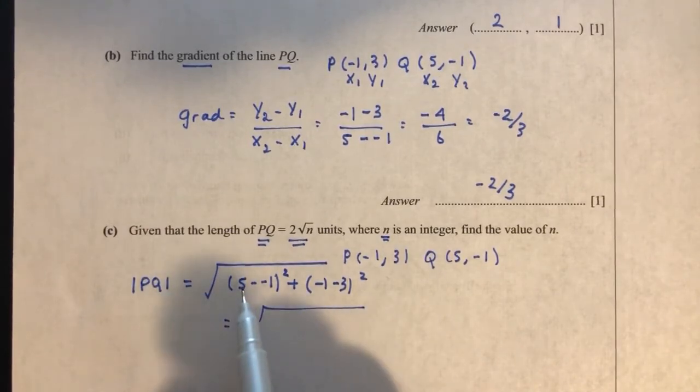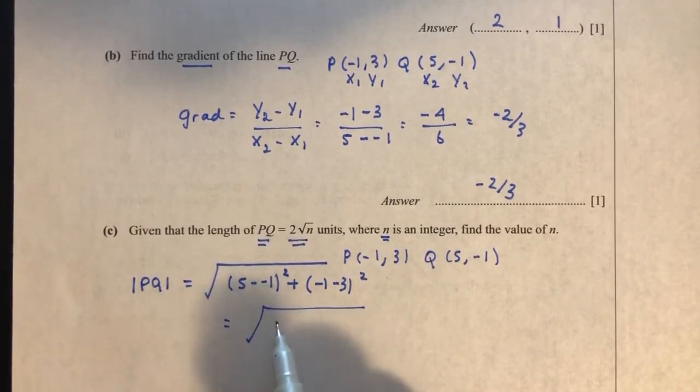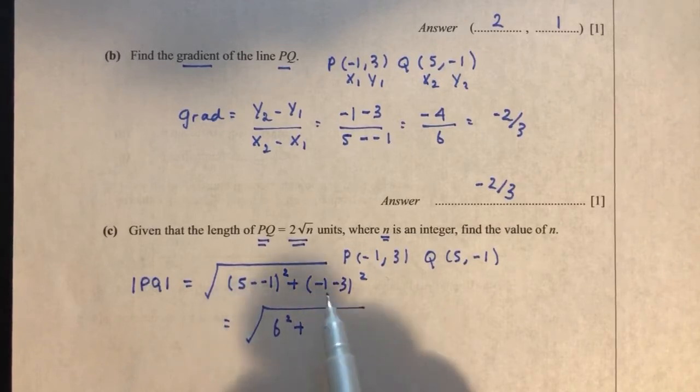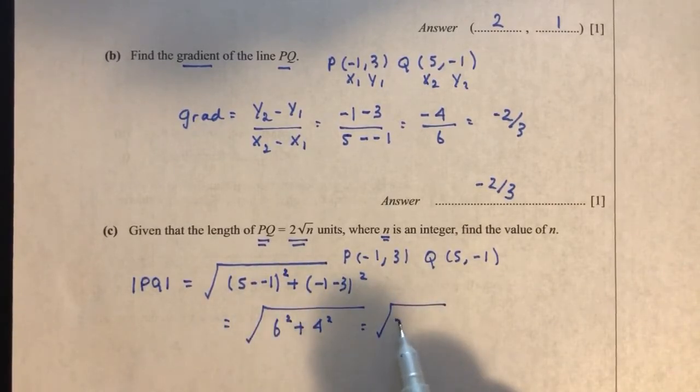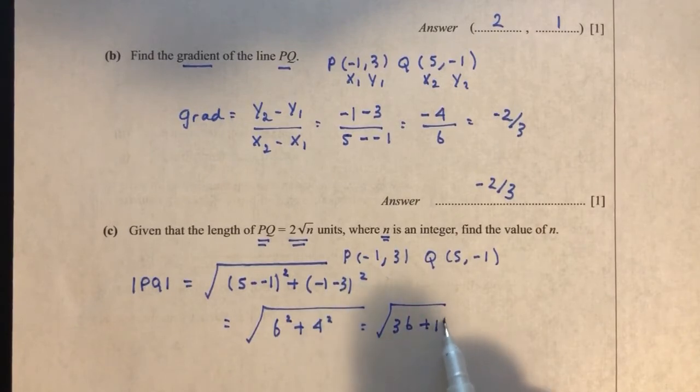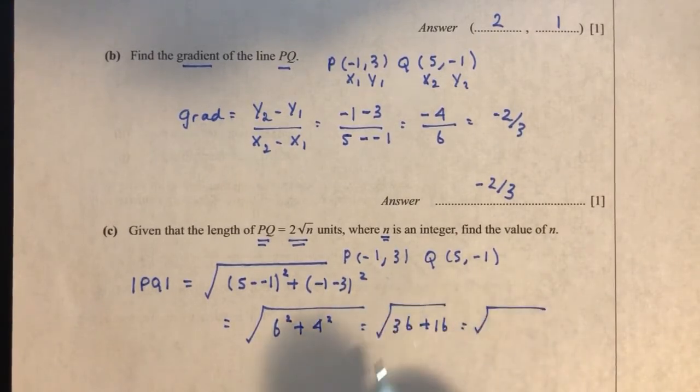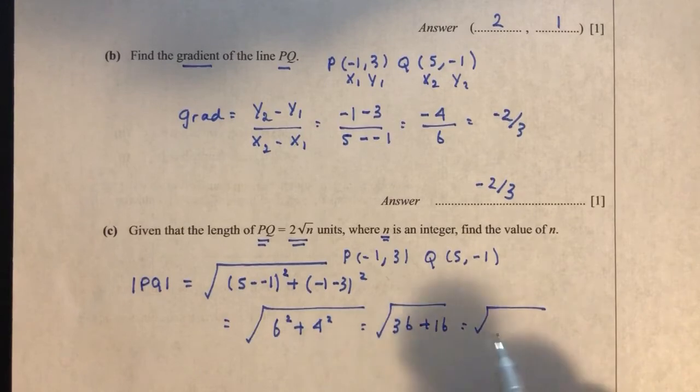So this will be 6 squared plus 4 squared. 6 squared is 36 plus 16. That will be square root of 52.